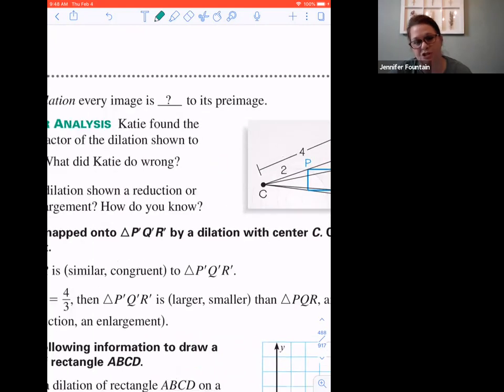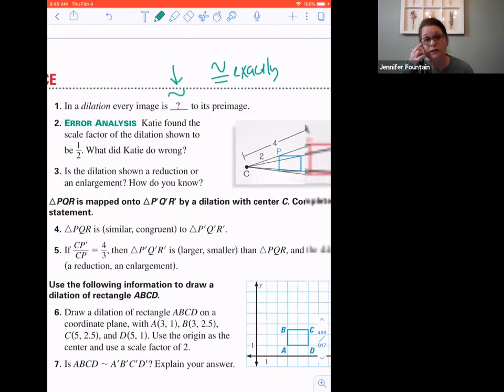And what is our word that means same shape, but not necessarily the same size? It's going to be similar to, okay? Remember, congruent means it's exactly the same size, same shape. Similarity means it's just going to be the same shape, but my size is going to be different. So when I have a dilation, it's going to be a similar figure.